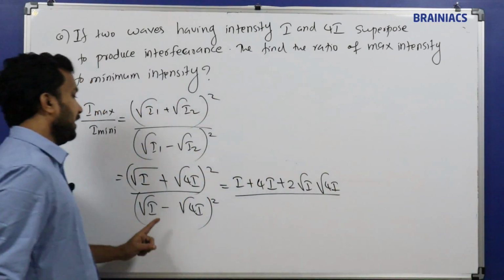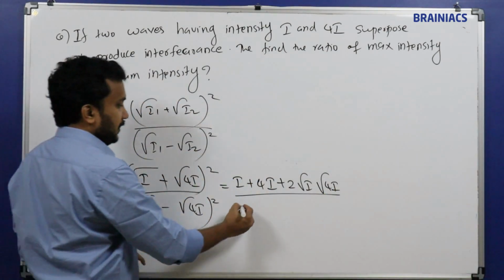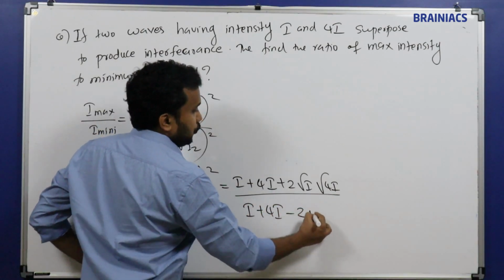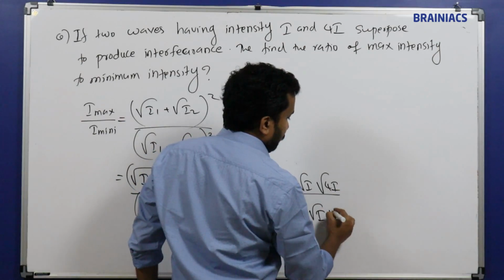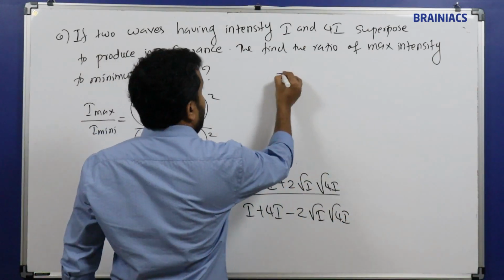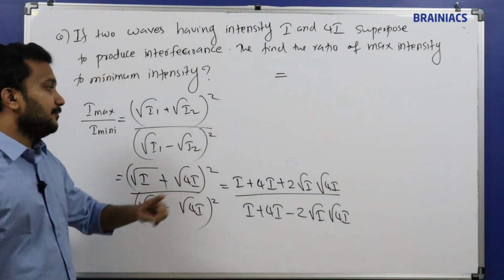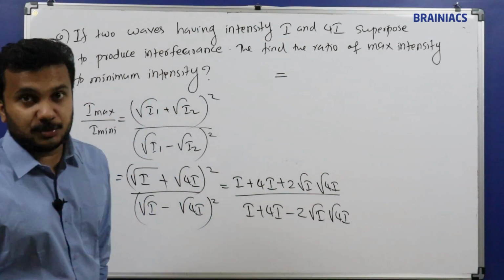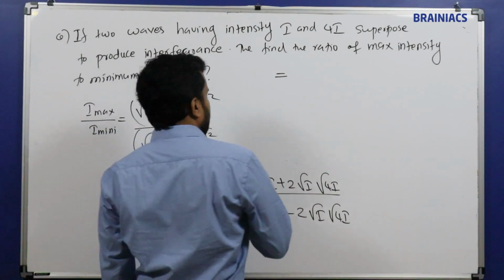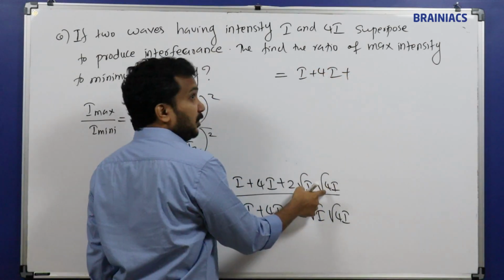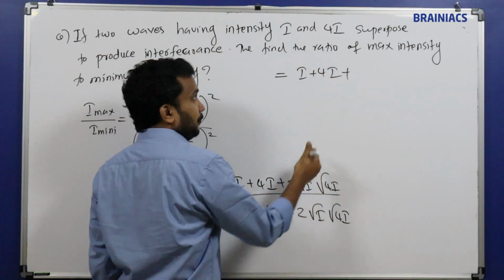Root 4 is 2, 2 into 2 is 4, and root I into root I is I.